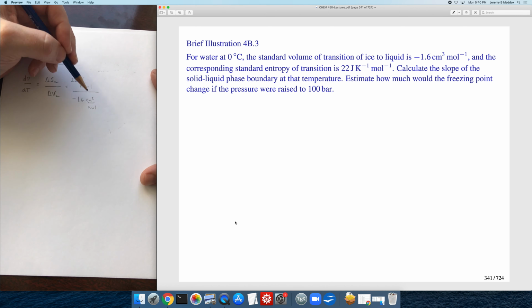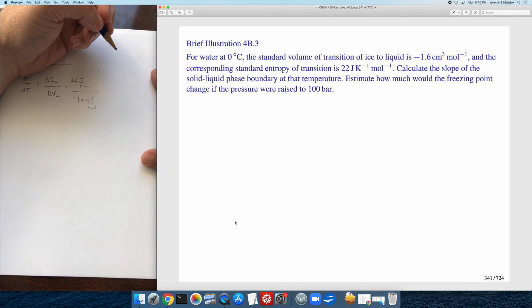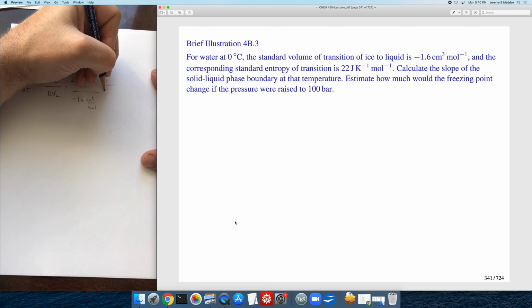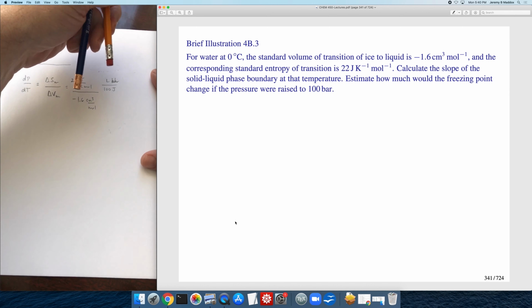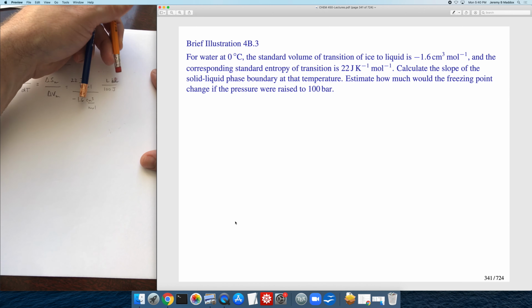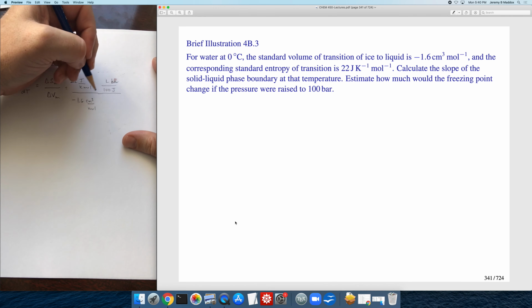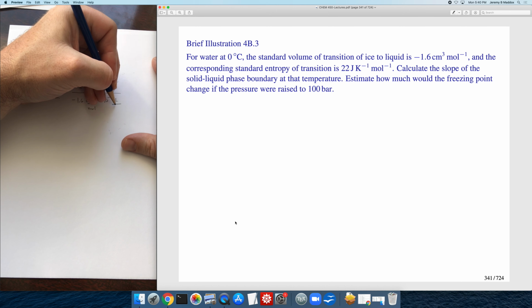We've got a unit mismatch that we want to correct. So what I'm going to do is convert my joules to liter atmospheres, liter bars on the top. And then in the denominator, I'm going to convert this to liters, so we'll have 10 to the minus 3 liters per cubic centimeter.